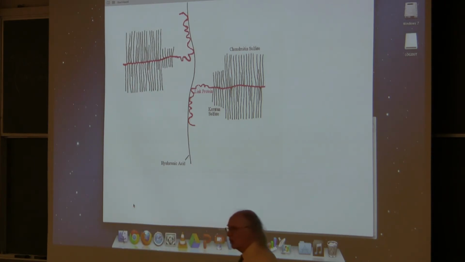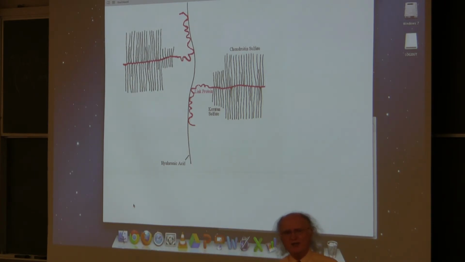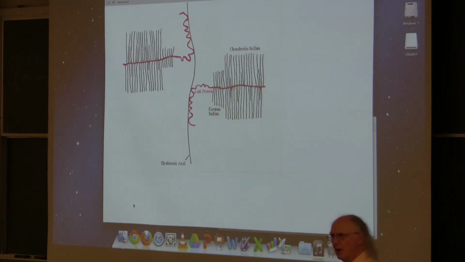Typically, the sugars in these polymers are actually altered sugars. They're chemically altered. They're not glucose. In fact, they're usually sugars that have negative charges on them. So here is a polymer of hundreds or thousands of sugars.